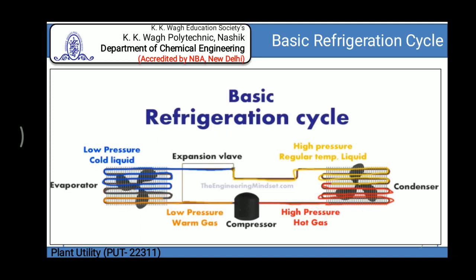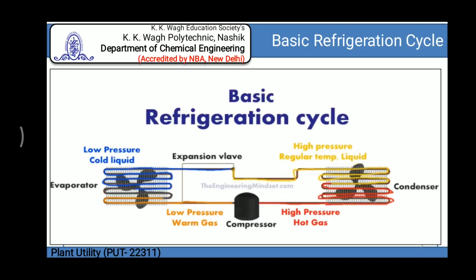Because the refrigerant was compressed, it is a hot high pressure vapor. As pressure goes up, the temperature goes up. This hot vapor enters the condenser and starts to flow through these tubes.